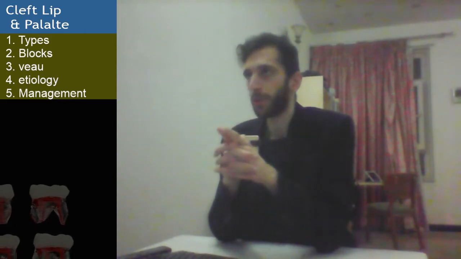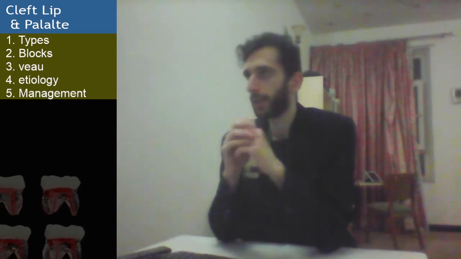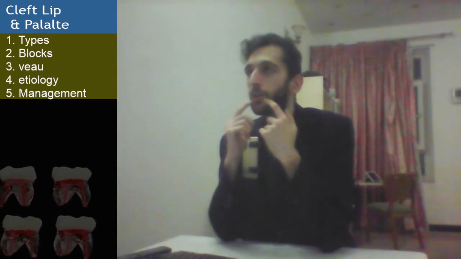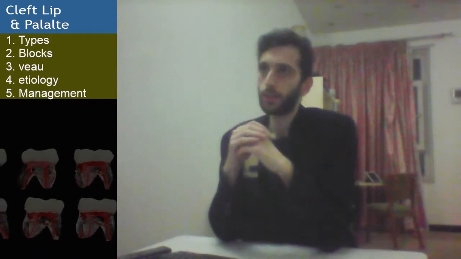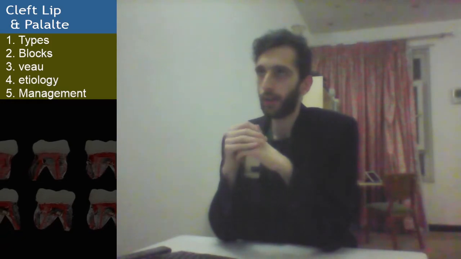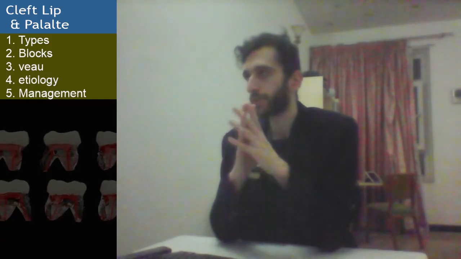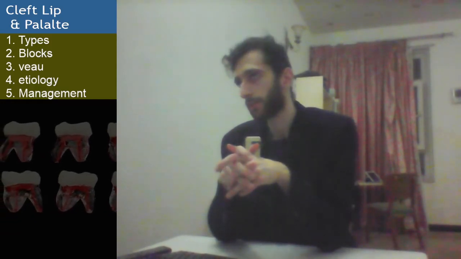In order to do a bone graft, ideally the permanent canine roots should be half to 2/3 formed at the time of the bone graft being undertaken.